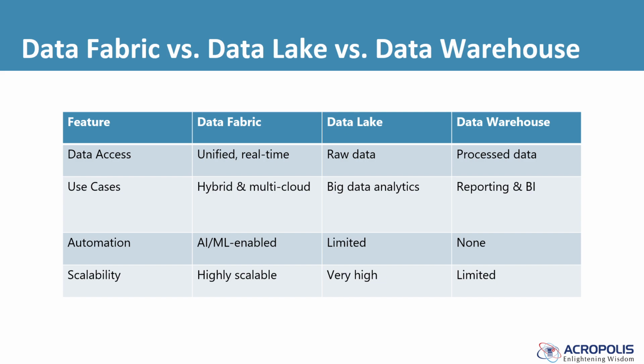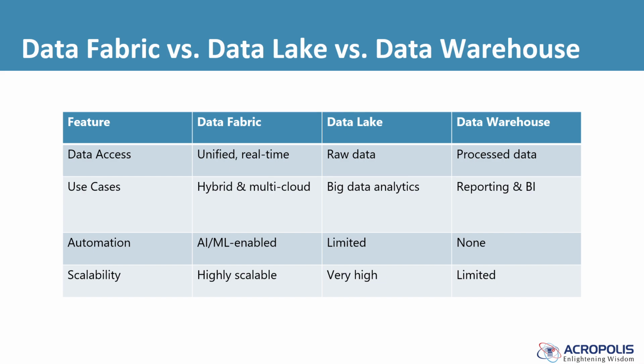Use cases: hybrid and multi-cloud for the data fabric, big data analytics for data lake, and reporting and business intelligence for data warehouse. Automation. Data fabric takes care of automation as it's AI/ML enabled. Data lake automation is very limited, and in case of data warehouse, automation does not exist.